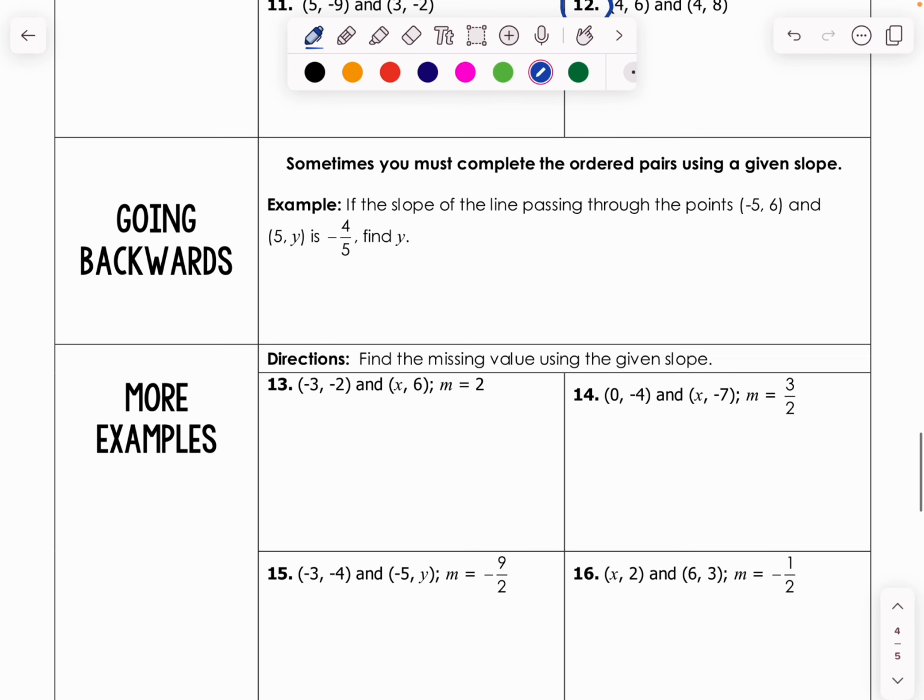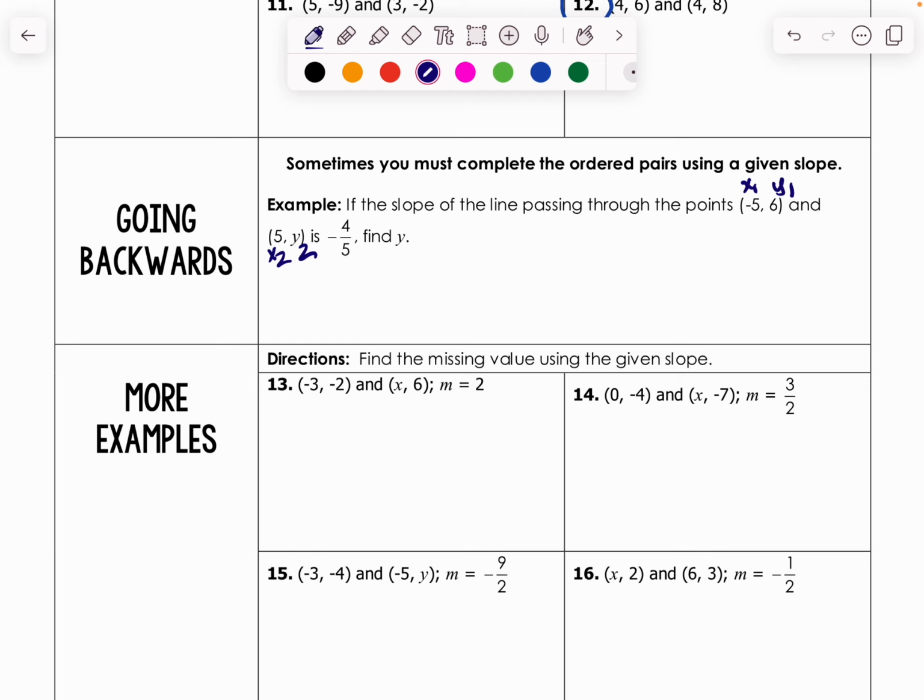Finally, and this is the last thing we'll be learning, is sometimes you must complete the ordered pair using a given slope. So if the slope of a line passing through points -5, 6, and 5, y is -4 over 5, find y. This is just us setting up a proportion. So x1, y1, x2, y2.